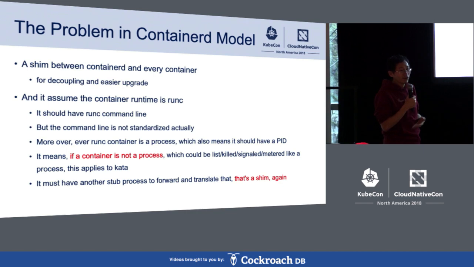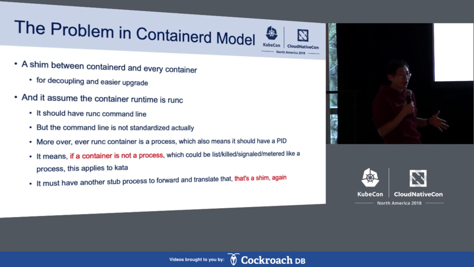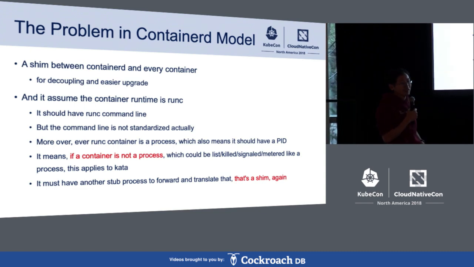There is an OCI specification, you know. The OCI tries to be an open standard for the container community, and it has two parts of the specification. One is about the runtime, and the other is about the images. But for the runtime part, they have a JSON format spec and some definitions, but no command line spec.